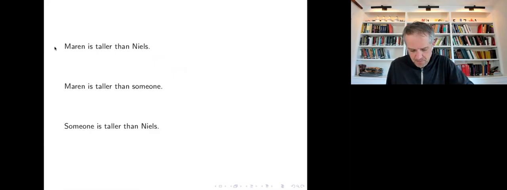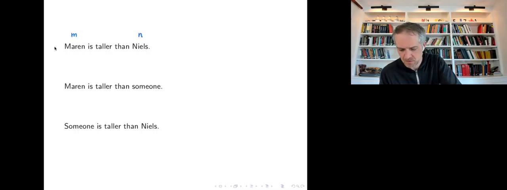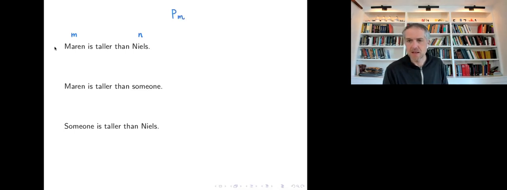So we take the name Maren and represent it by a lowercase m, and the name Niels by an n. In the last couple lectures, we were applying predicates to names. We might write something like PM if we were saying that Maren had some feature. If we said Maren is tall, then we might say PM, where P is the predicate "is tall."